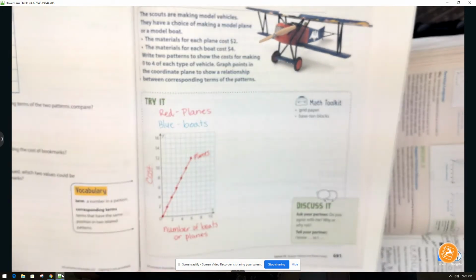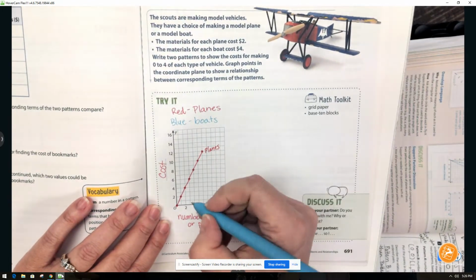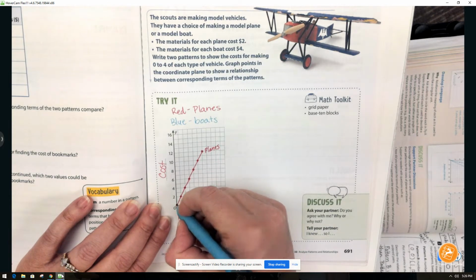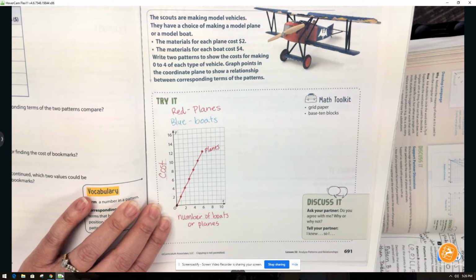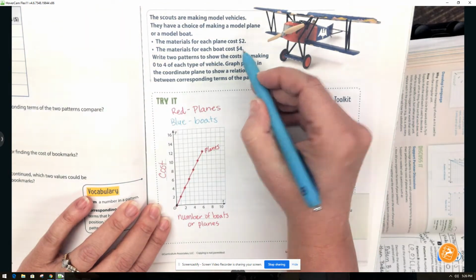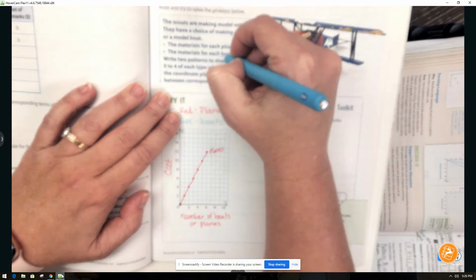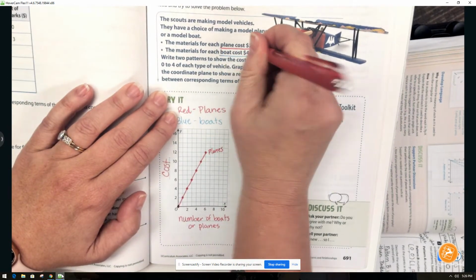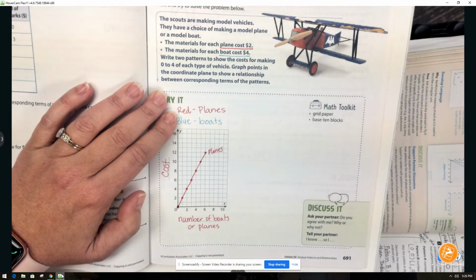Now we're going to go ahead and graph the boats. So when we graph the boats, if we have 0 boats, it also costs $0. Remember, the boats cost $4, and I'll just underline that because I love making things color coded.